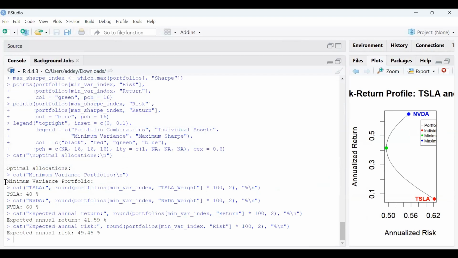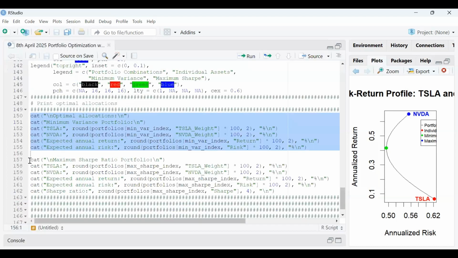It is telling me that for my minimum variance portfolio, the optimal allocation for Tesla is 40%, and the optimal allocation for NVIDIA is 60%. And when I do that, my expected annual return is 41.59%, and my expected annual risk is 49.45%.